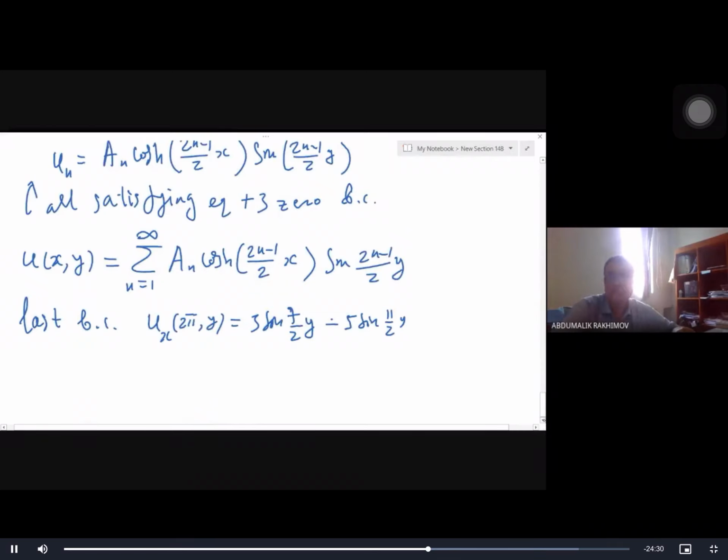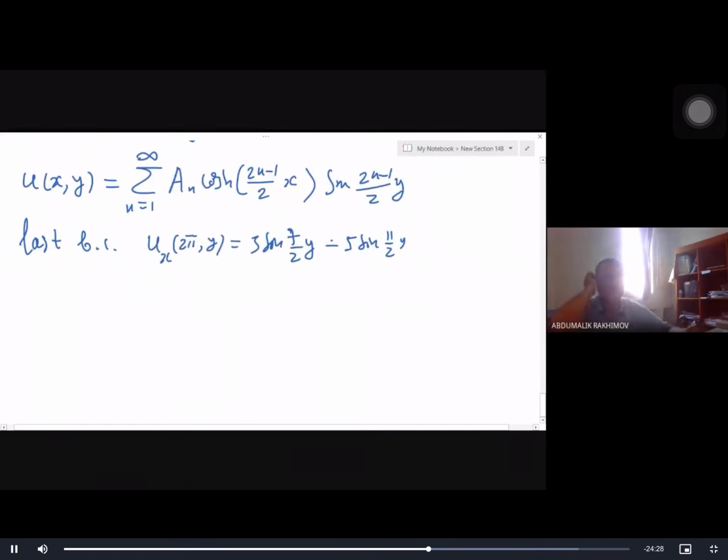So we have to use this boundary condition in order to find the a_n coefficients, right? For that, I need u_x first. What is u_x? Let me find u_x.